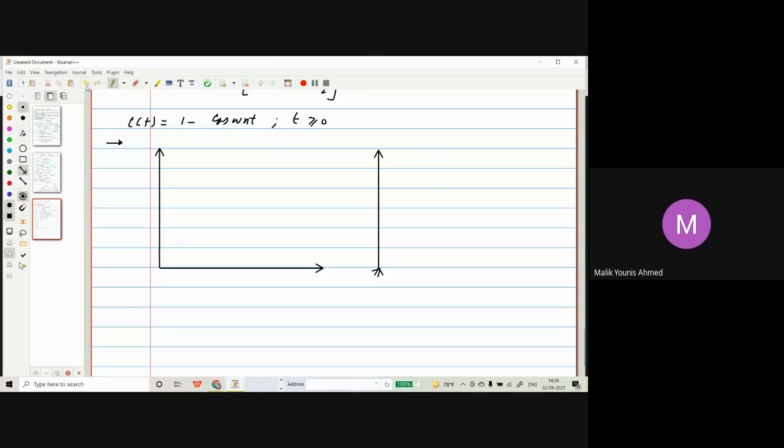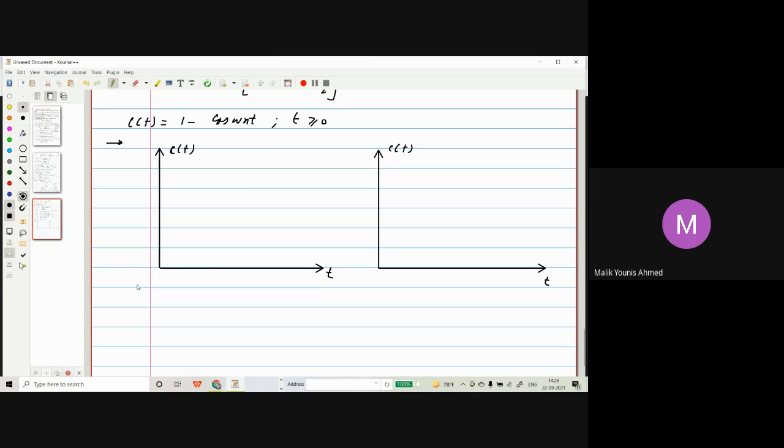Okay, so first is for underdamped, c of t, and this is your time response, your time axis.